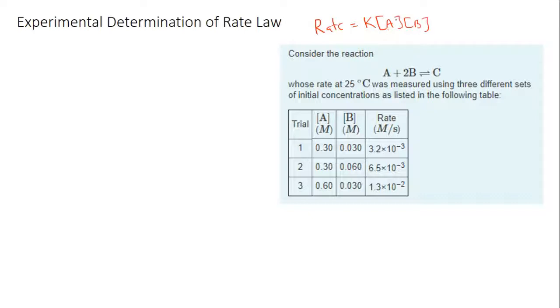Now we need to find the rate order, the exponents up here for A and B, to determine how much each of them contributes to the rate of the reaction. The equation that I gave you in class is: your final concentration divided by your initial concentration, raised to an exponent, should equal your final rate of the two entries you're comparing divided by the initial rate from those entries.